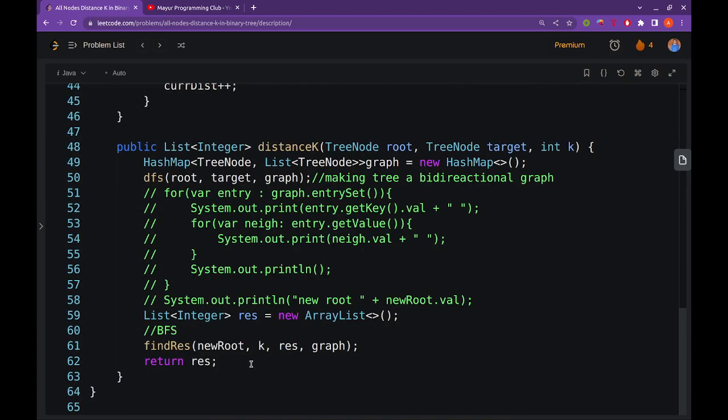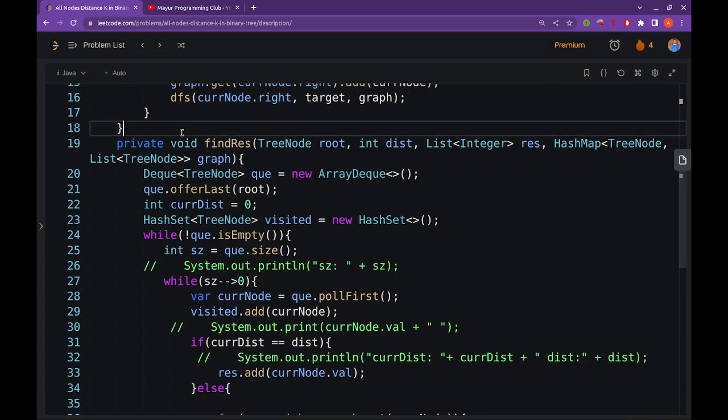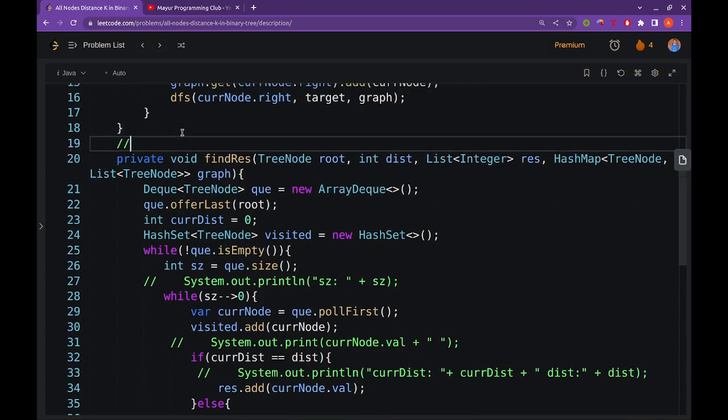Then we would simply be finding the nodes that are at k distance from the new root, or you can say new source. Then this is the BFS part, and actually for a tree, this is also called level order traversal.